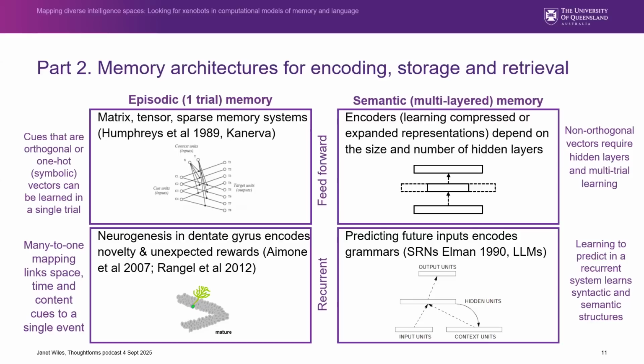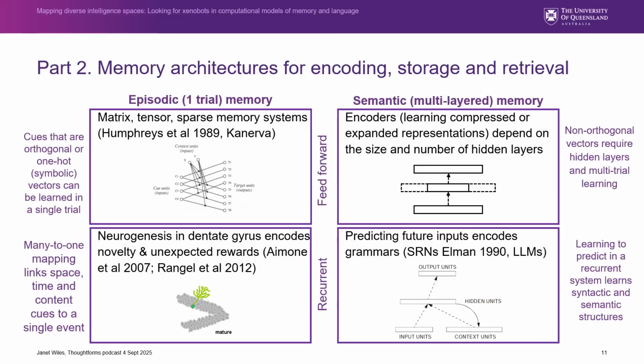But if you add in context, you can learn in context. And the context is not added to the cue, it's a cross product with the other two, which is what gives you the rank 3 tensor. So these are very efficient, very effective, but they only really work when the information is already orthogonal. So it's already represented either in a form that could be symbolic or what they call one-hot encoding.